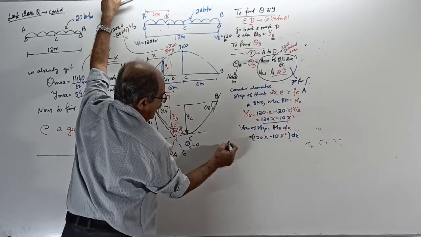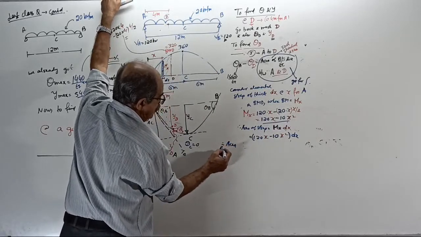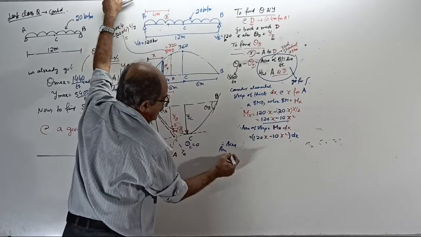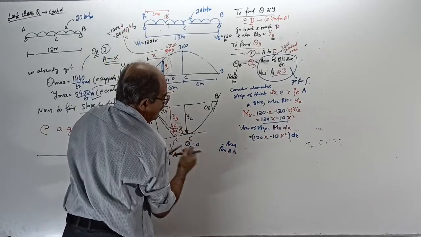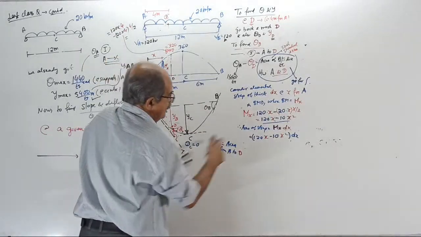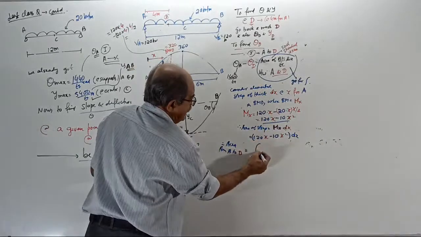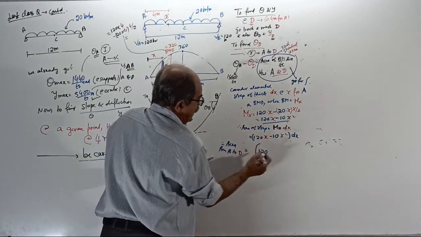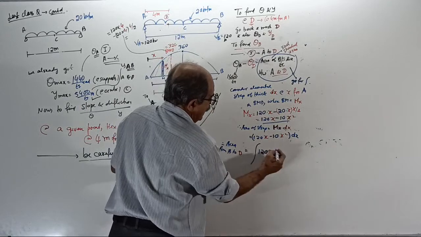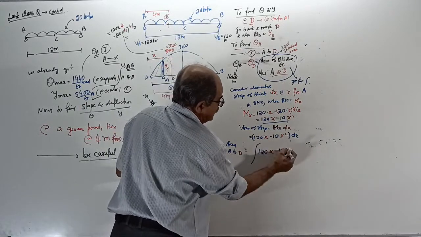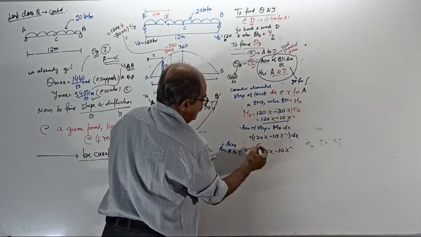Therefore, the area from A to D equals the integration of 120 into x minus 10 into x square dx.